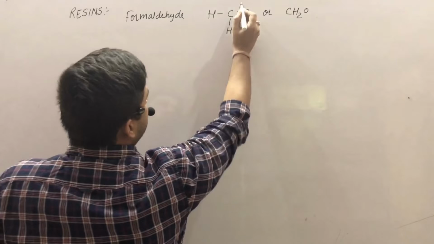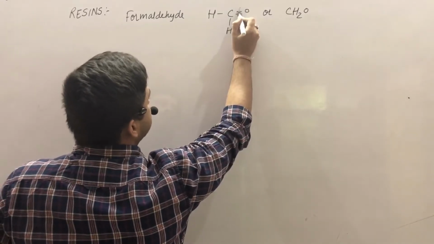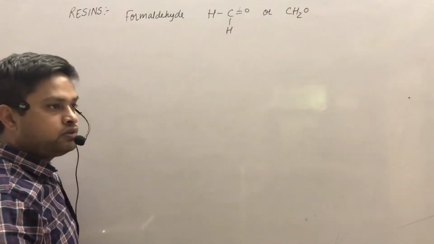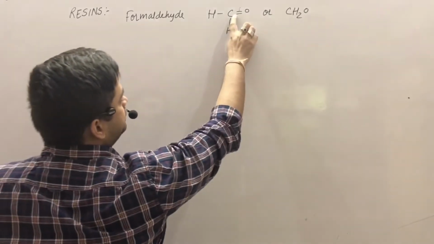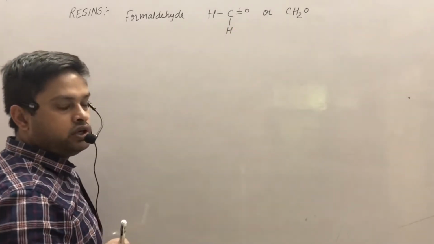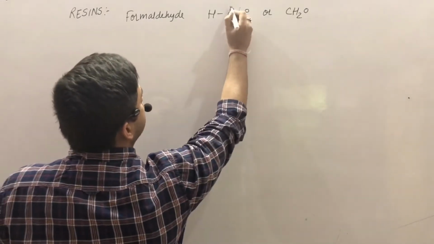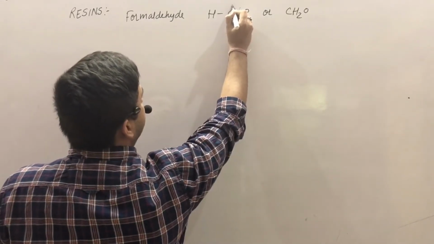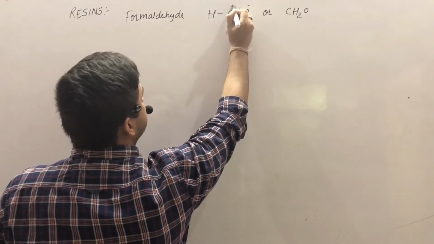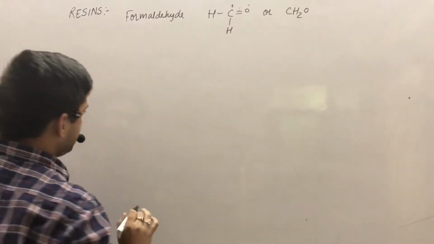In HCHO, this pi bond is the reactive bond, and as it is a heteroatomic bond, it leads to heterolysis, leading to formation of positive and negative charge after the lysis.